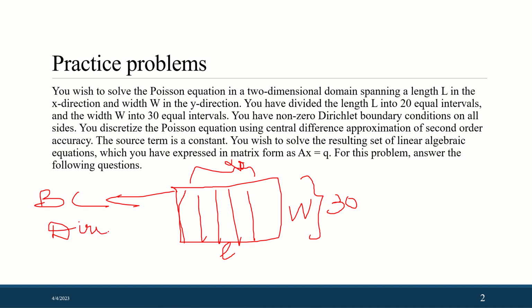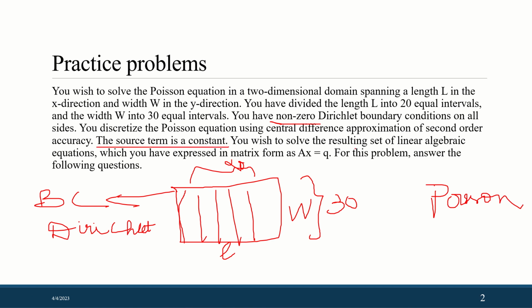What are Dirichlet boundary conditions? It is when we specify the values at the boundary. On the other hand, we have Neumann boundary conditions, where we specify the value of flux, or the values of the derivatives. So in this, all the boundary conditions are non-zero Dirichlet boundary conditions, and we are solving the Poisson equation in a two-dimensional domain. And it is given that the source term is a constant.